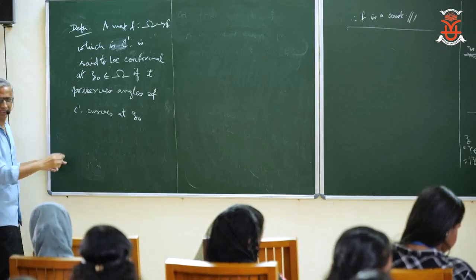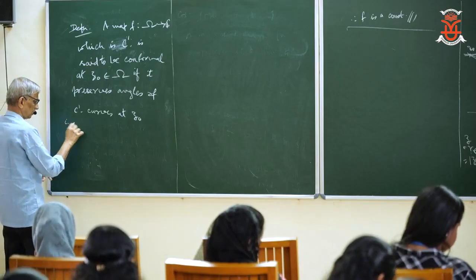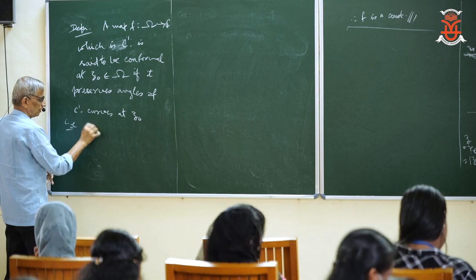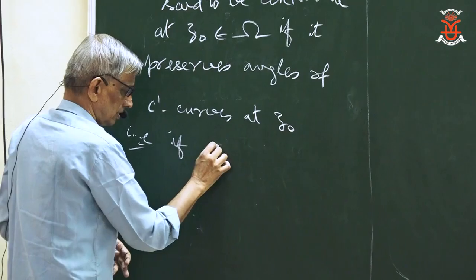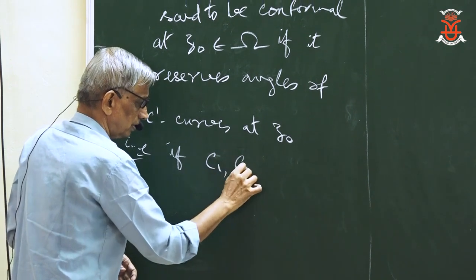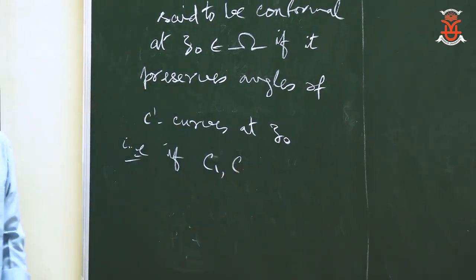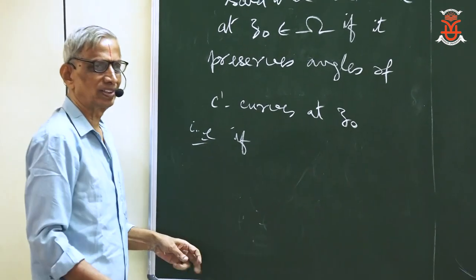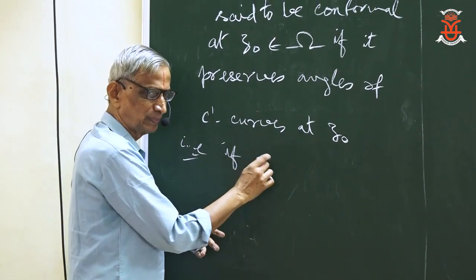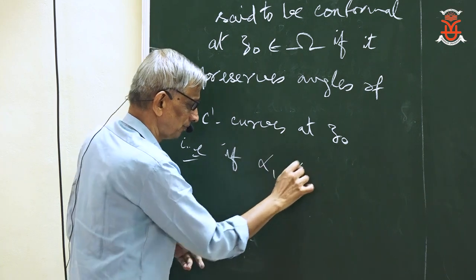That means, if, shall we write, change notation, instead of writing C1 and C2, let's write gamma 1, gamma 2 or something, alpha 1, alpha 2.